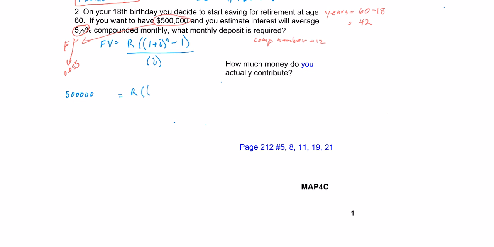So 1 plus, well, i is 0.055 divided by the compounding number 12, so I'm just going to emphasize that in red for you. And then we're raising it to 504.